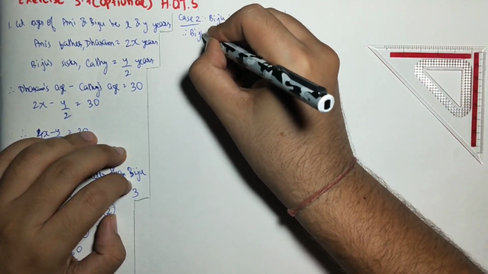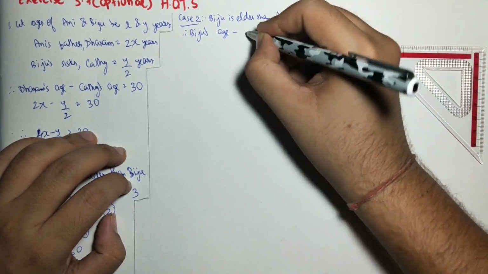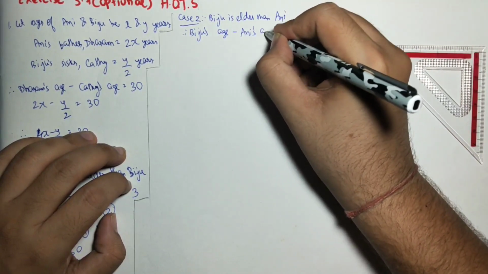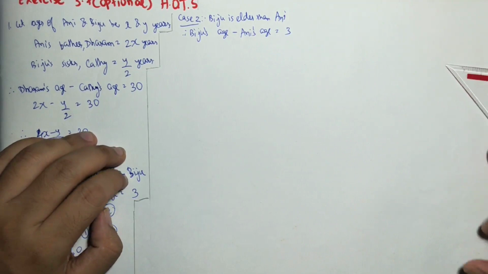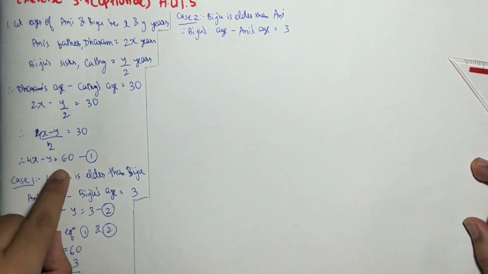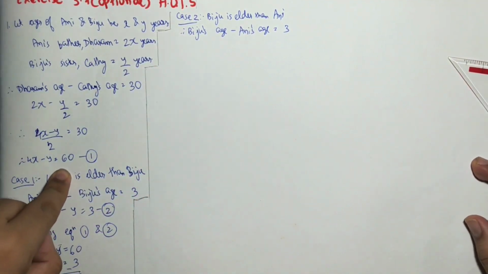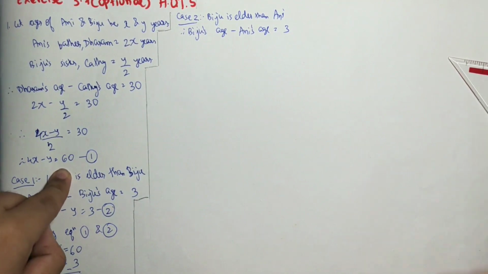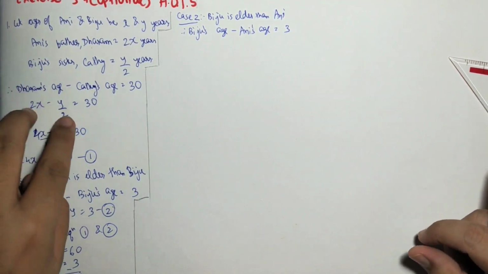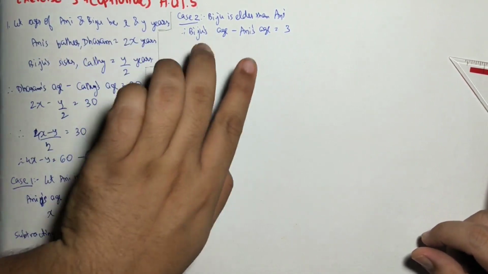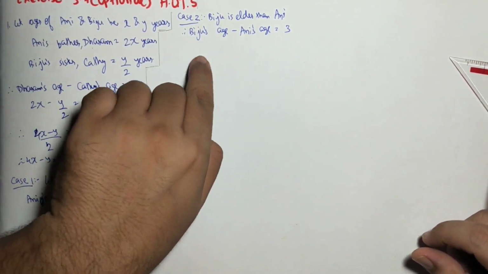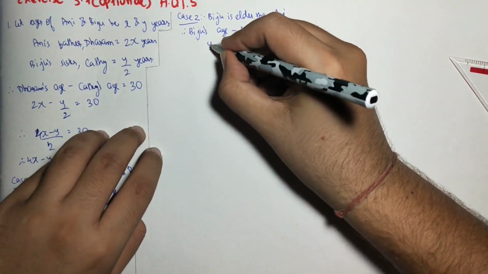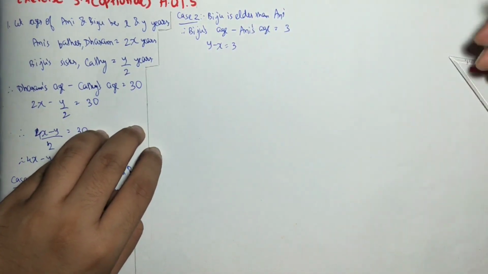Therefore, Biju's age minus Annie's age will be 3 years. See, this equation of Dharam and Kathy will remain the same because we know definitely that Dharam is elder than Kathy. This will not get interchanged. But here the difference will be made. Biju is elder, then it will become y minus x equals 3.